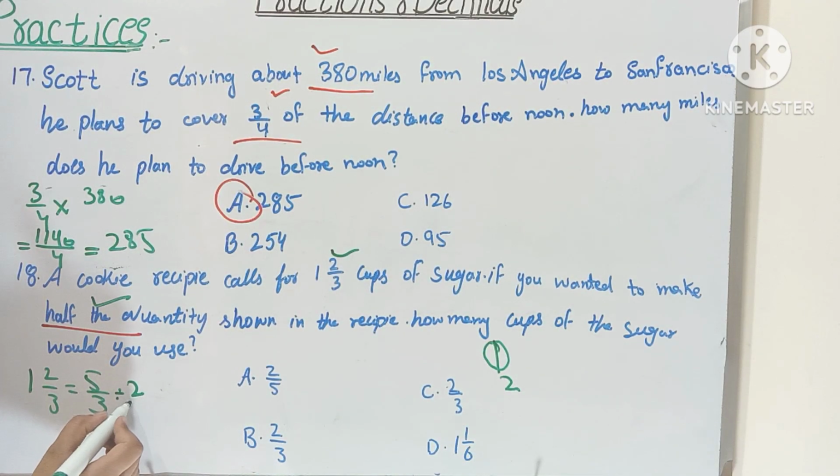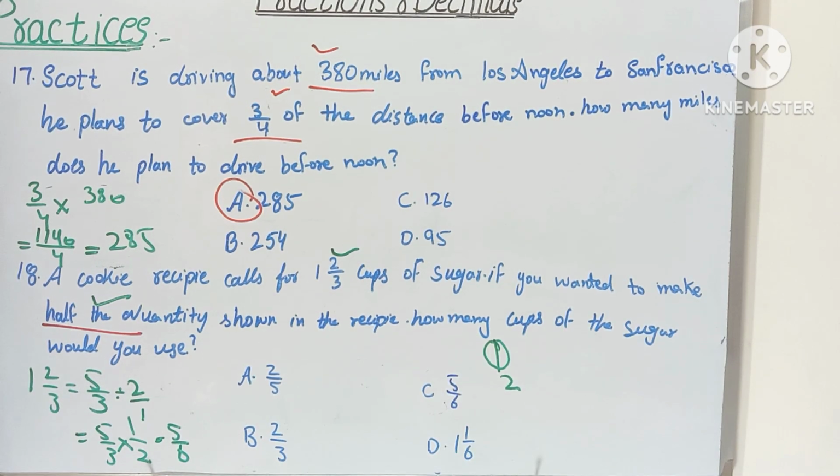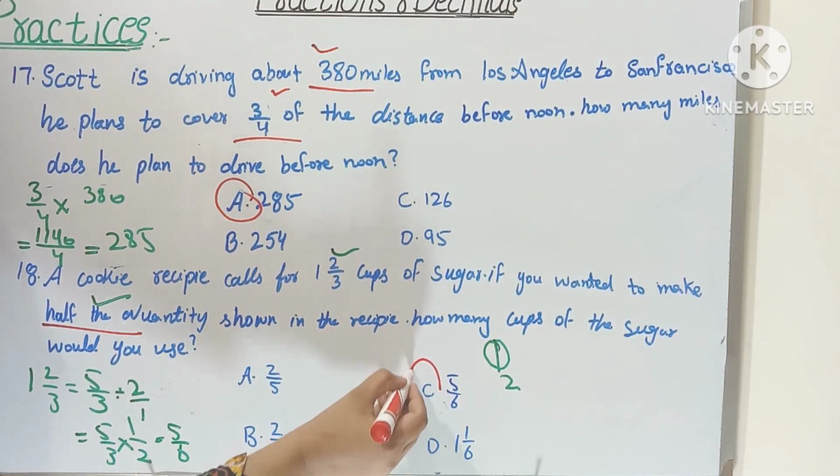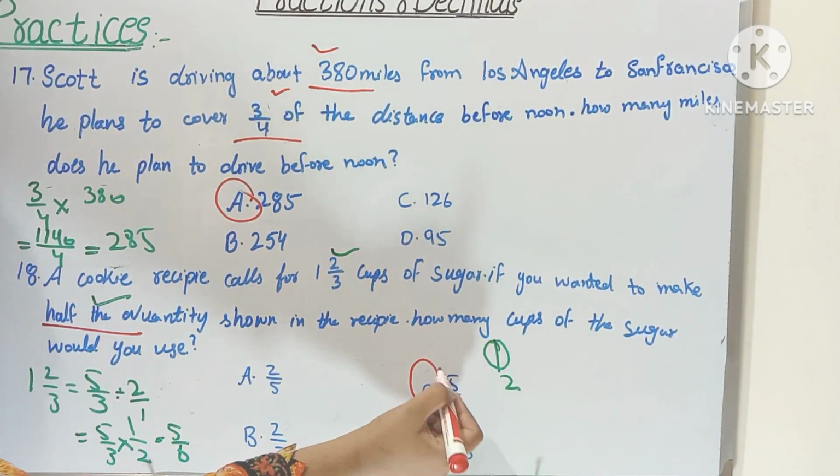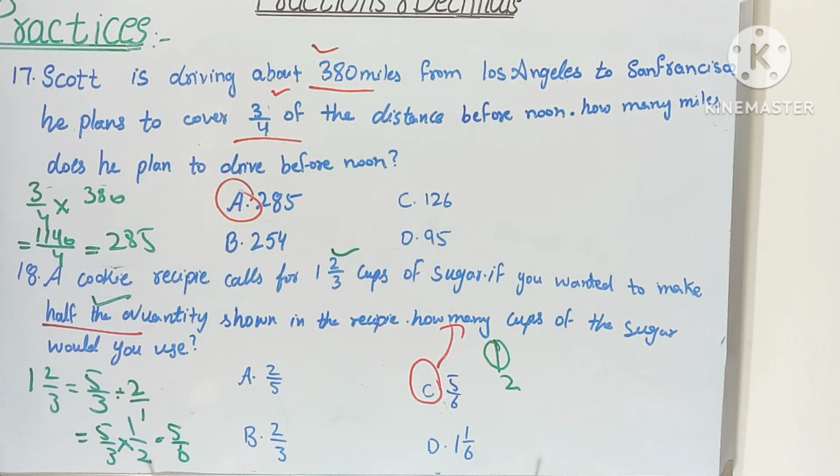Dividing by 2 means multiplying by the fraction 1 over 2. 5 over 3 multiplied by 1 over 2. 5 times 1, 3 times 2 is 6. 5 over 6 cups of sugar. Option D, 5 over 6. 5 over 6 cups of sugar would you use.